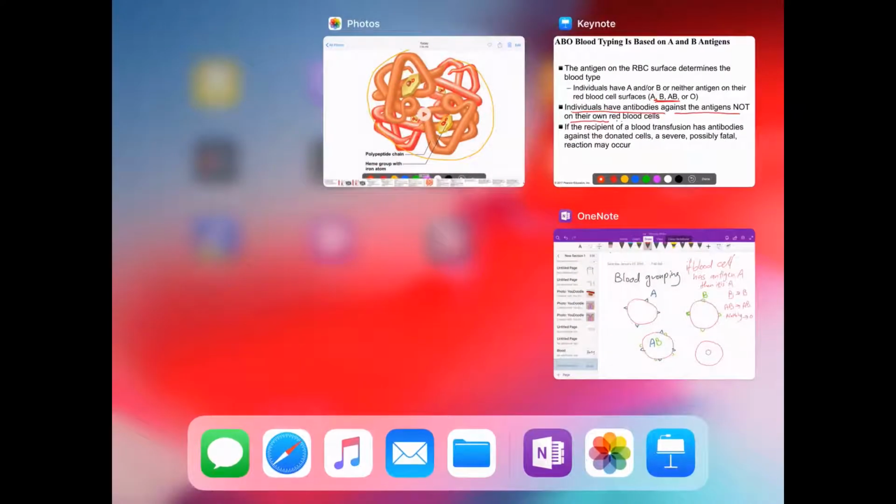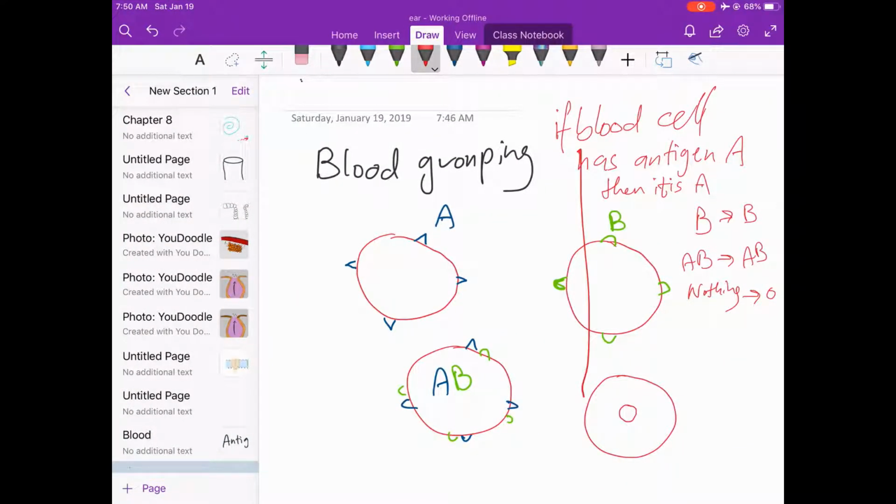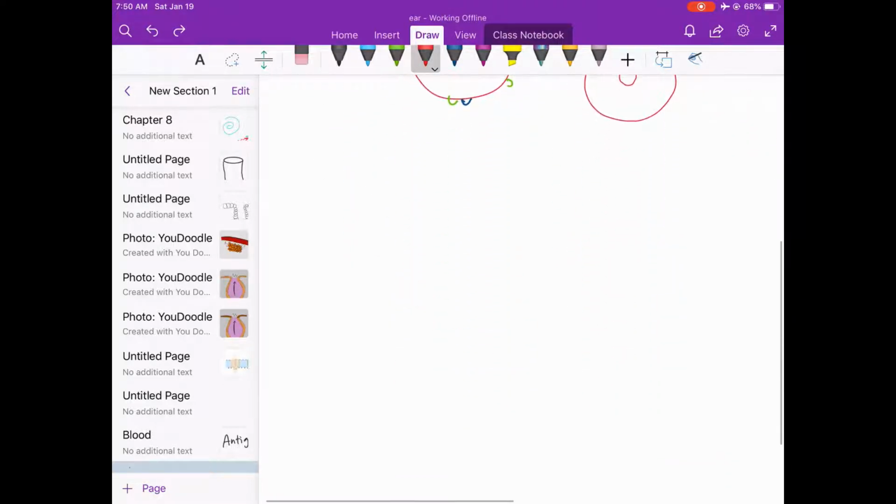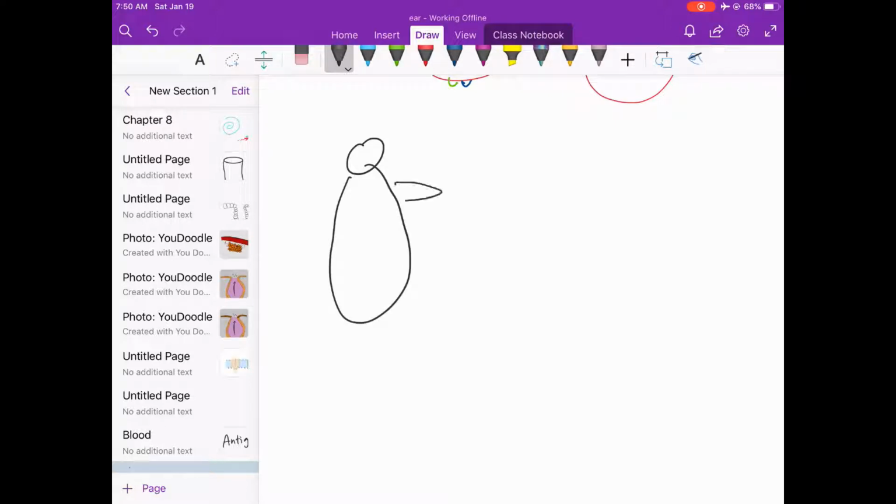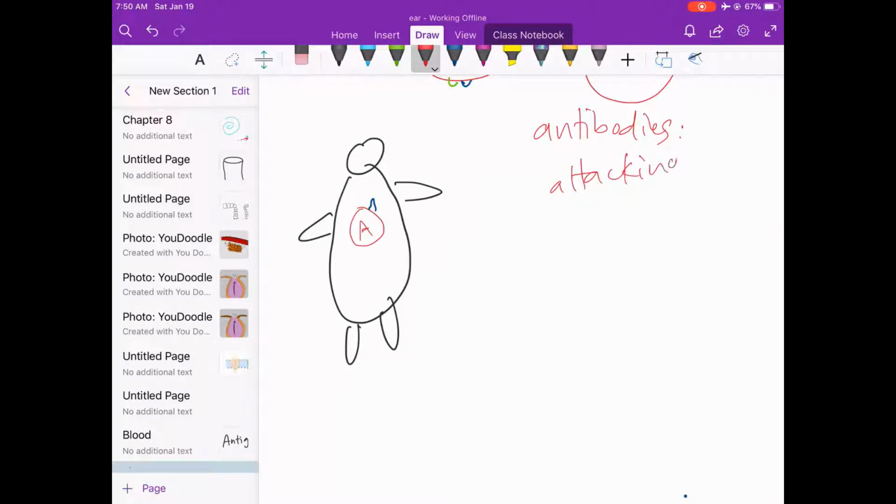What does that mean? Now let's assume that there is a person and that person has the blood group A. Okay, this is blood group A. We said the antibodies are responsible for attacking foreign objects.